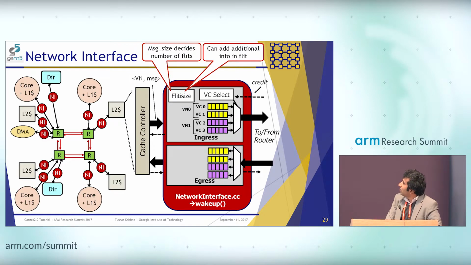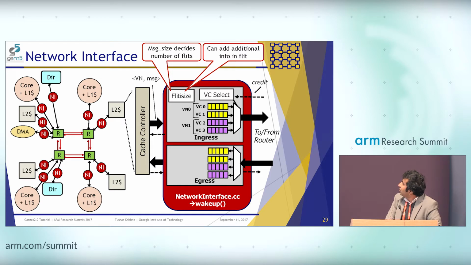So this is that topology I had described earlier. At the topology level, this is what you define. But what Garnet actually does is it creates these network interfaces for each of these external links. These network interfaces are the ones that will translate the coherence messages into network packets.